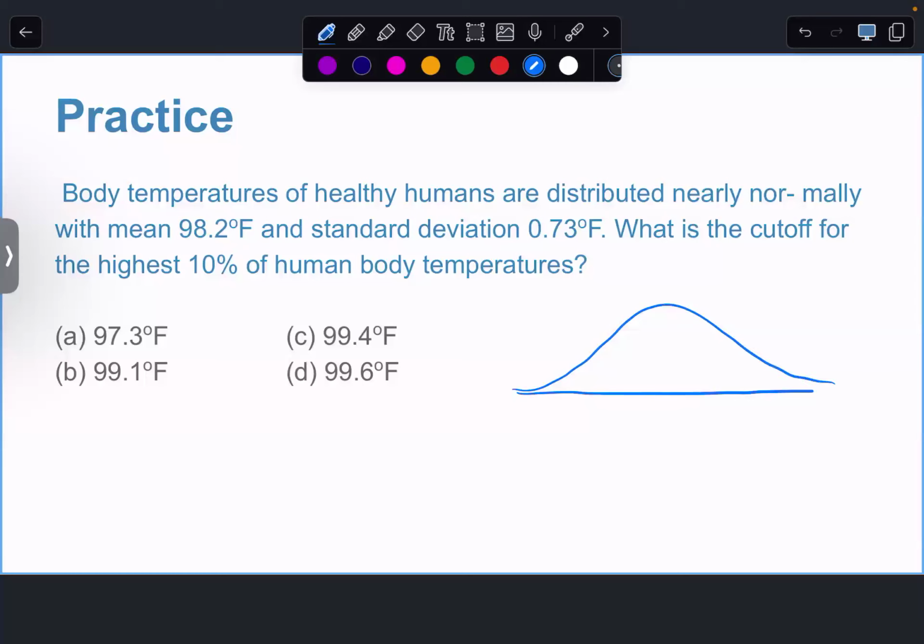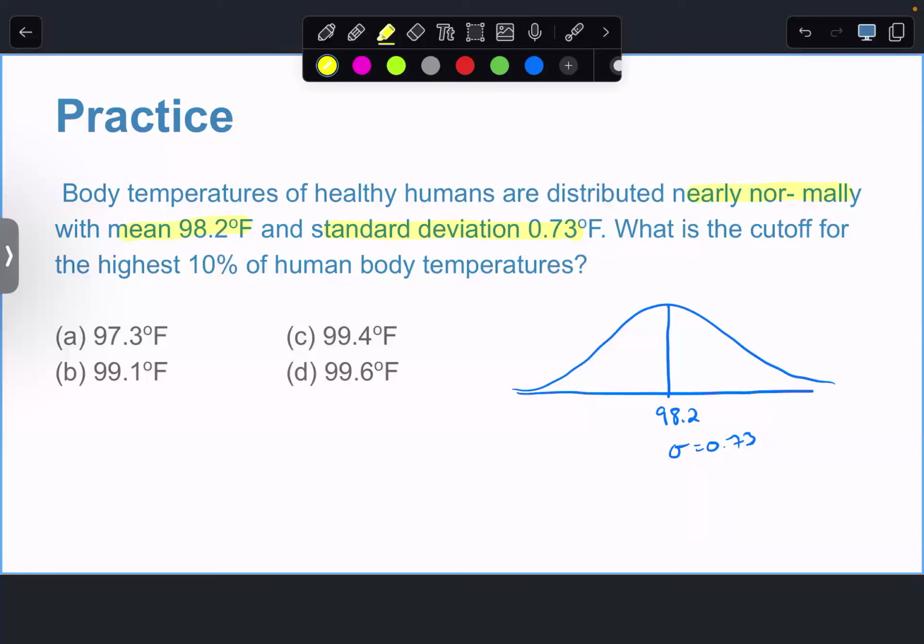This one will pick up the pace a little bit because we already saw one just like it. So let's draw it out. Centered on 98.2 and sigma's 0.73. And again, same clues as before. When I tell you the shape, the center, and the spread, it's a Z-score type question.